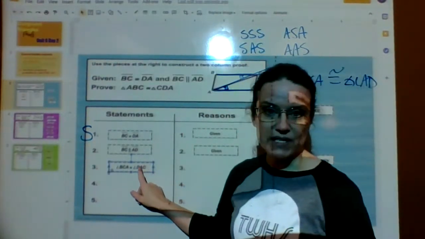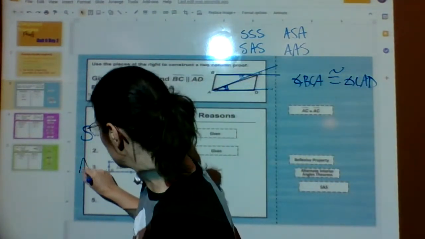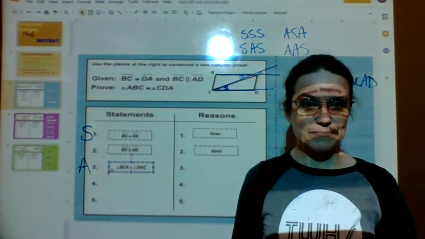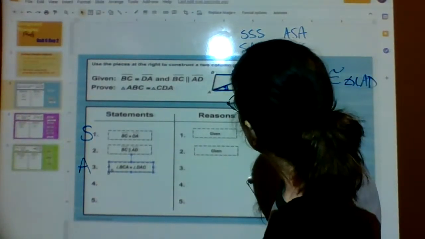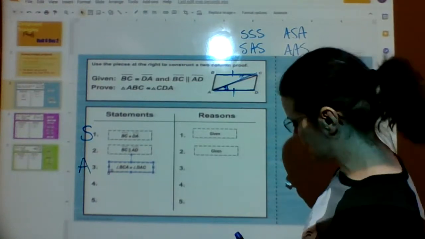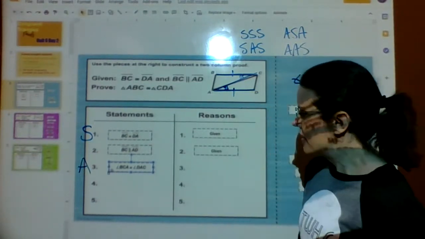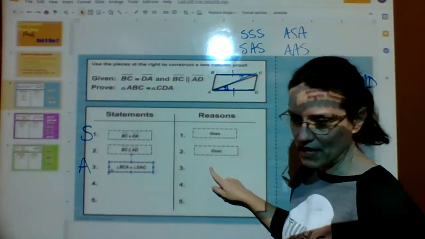Now this is proving to me that I've got two angles being congruent. So I'm going to mark that, which gives me some angles, and I've got those angles marked here. And then I already had that some sides were congruent. Just going to clean that up a squish. Okay. And then you go, well, how did I know that these angles were congruent again? You always have to have a reason.